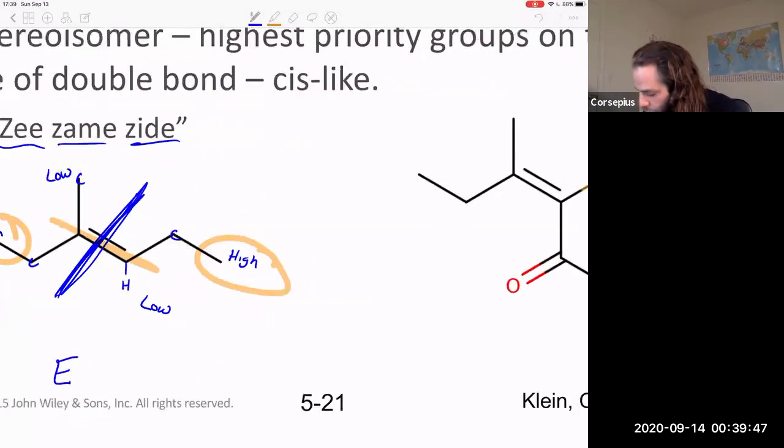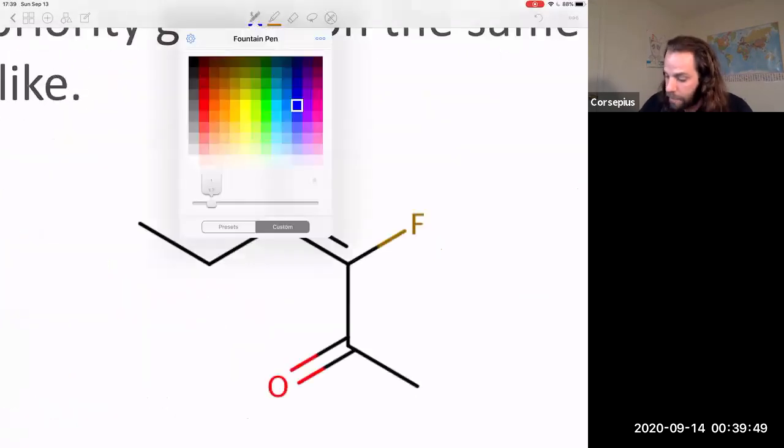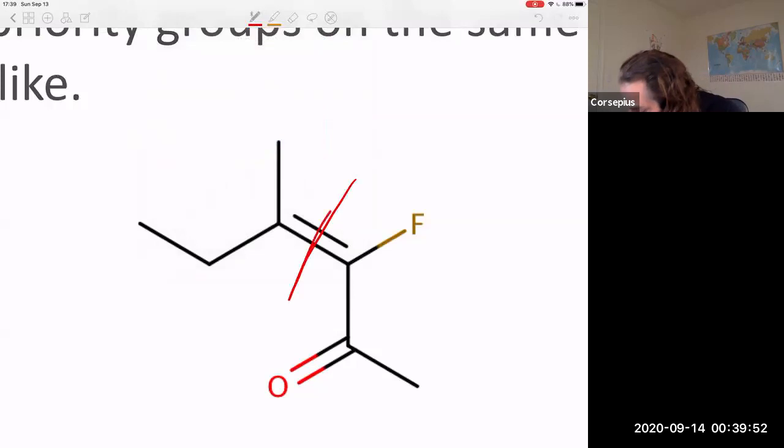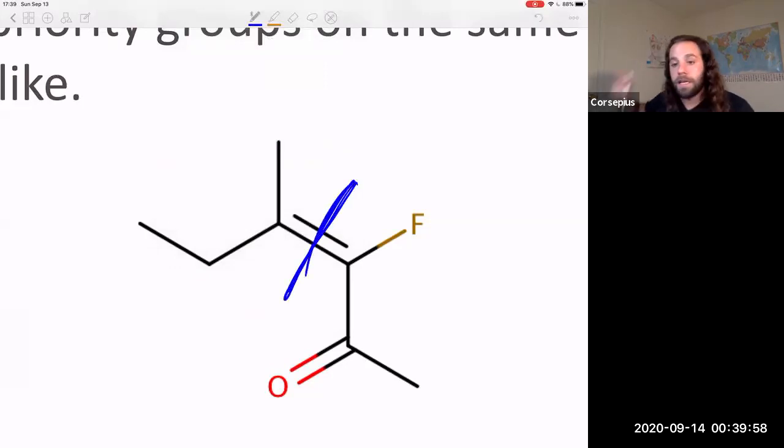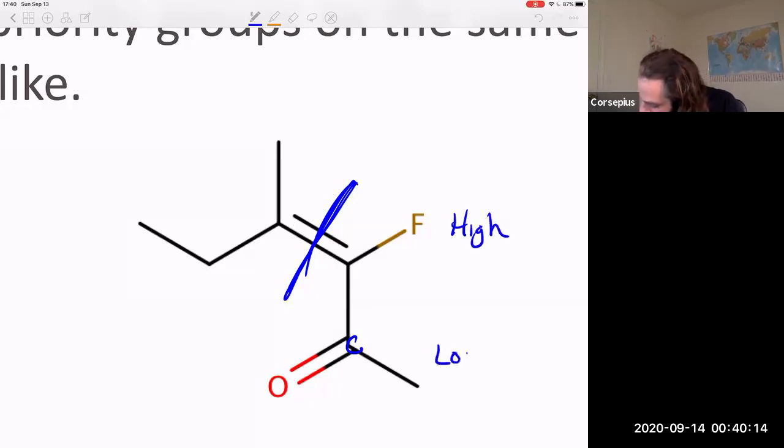In contrast, let's look over here. Again, chop your double bond in half, using the same color. Assign high-low on one side, and then assign high-low on the other side. Which one is going to be the higher priority group here? First approximation, I have carbon and a fluorine. This fluorine is my high priority group, and this carbon is my low priority group.